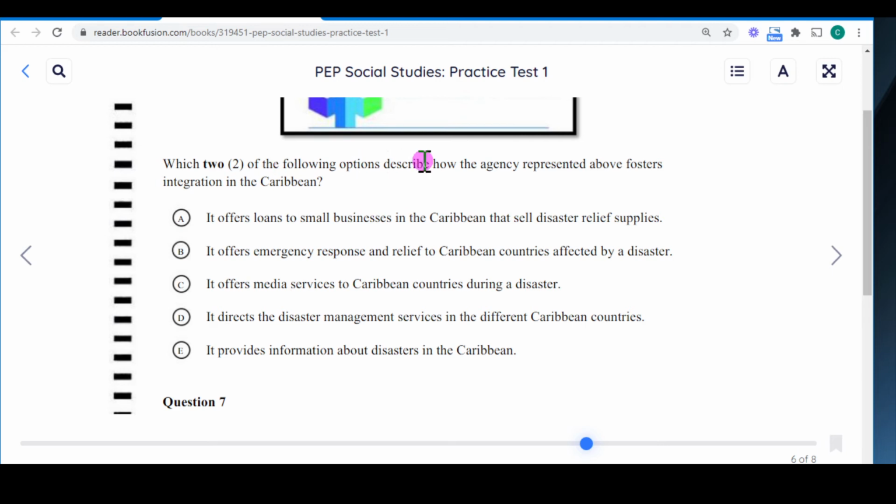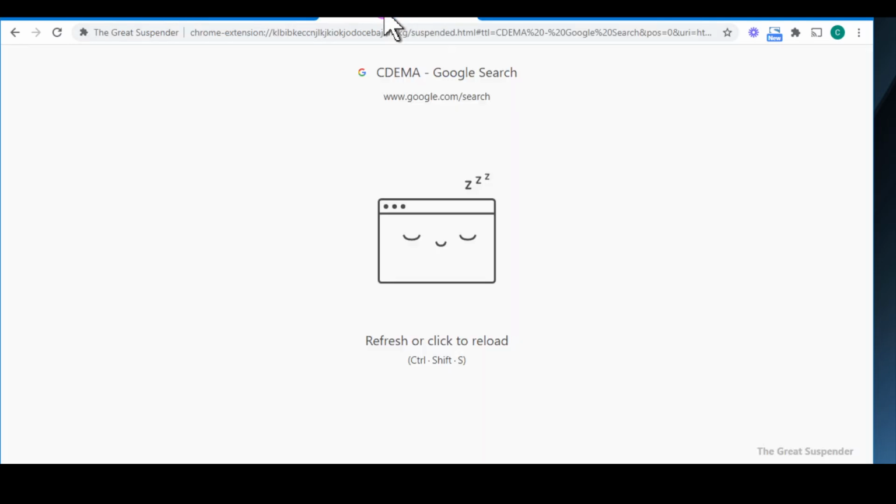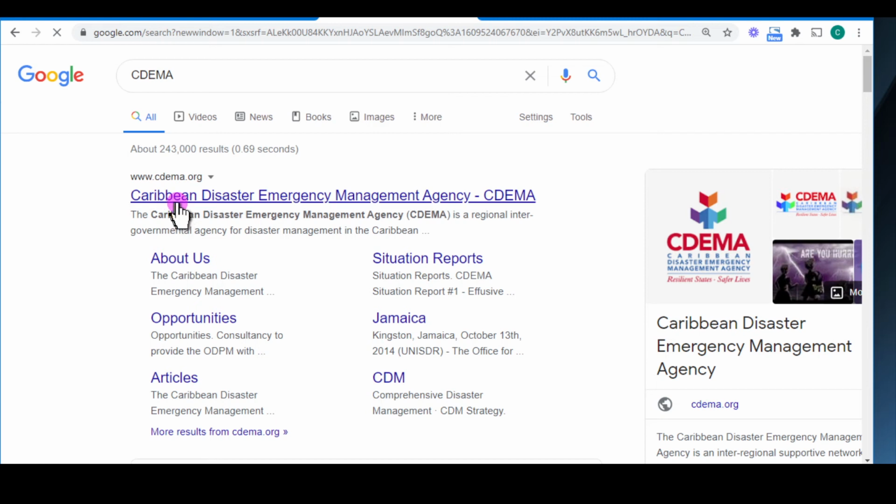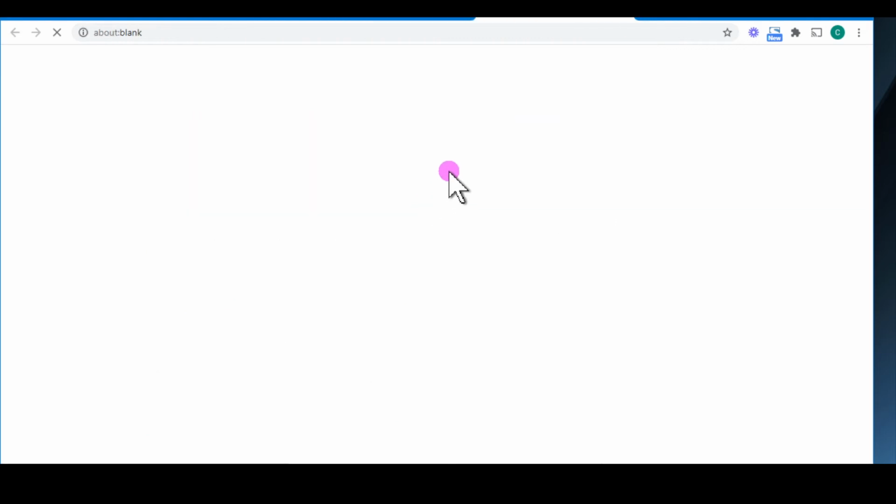All right, first, we need to know what CDEMA is all about. So let's go over to this section. So CDEMA is the Caribbean Disaster Emergency Management Agency, and we see it here. Let's go to this website.